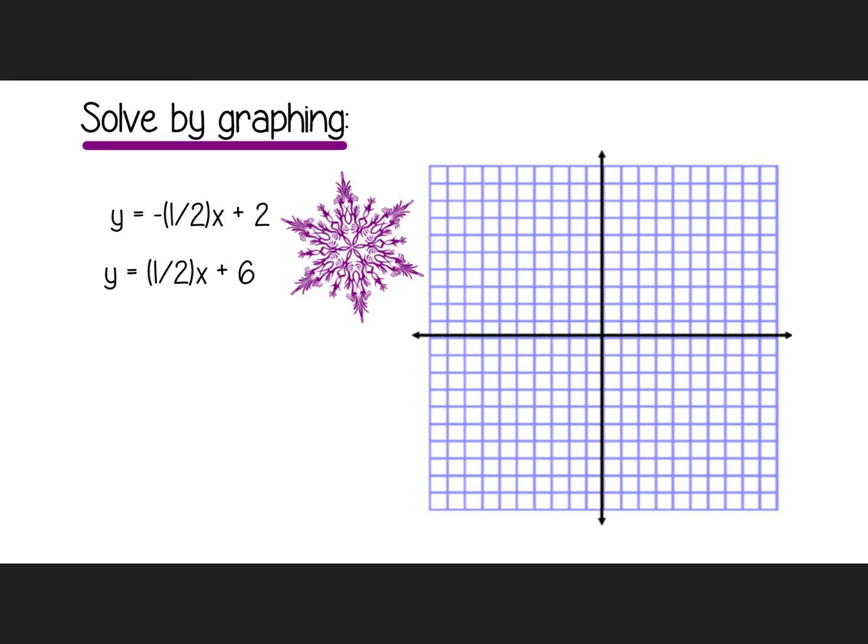Next up, top one, we have a y-intercept of 2, and the slope is -1/2. So we will go up 1 and to the left 2. And again, just taking this as far out as I can for now. Next one.